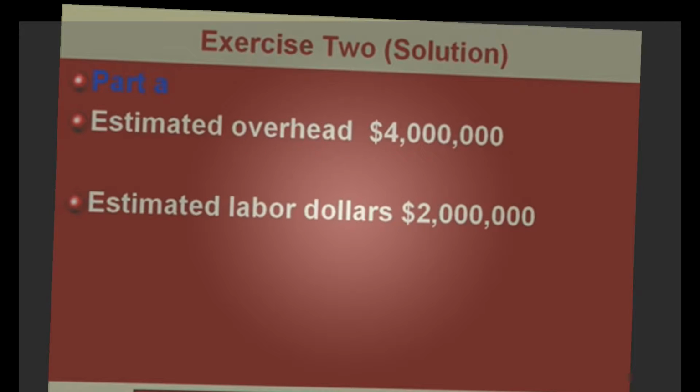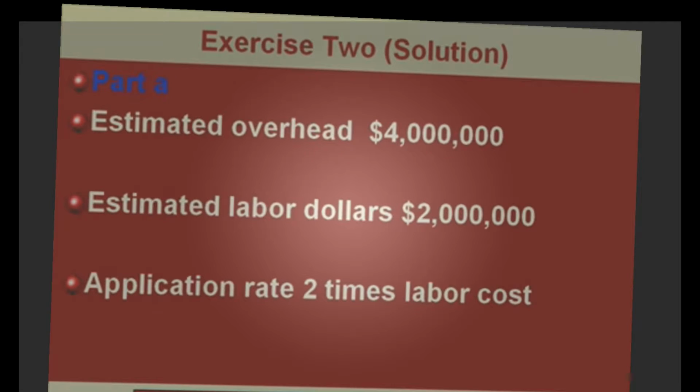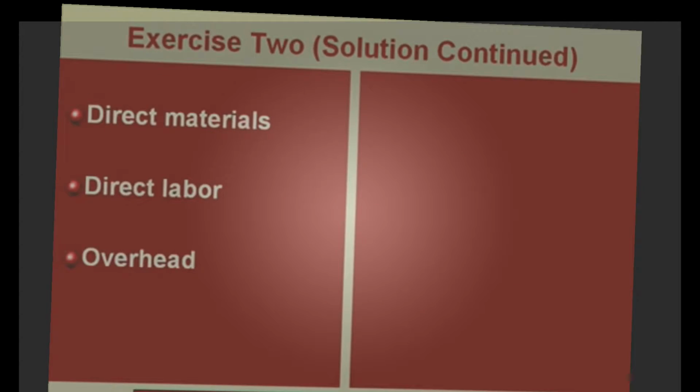So the application rate is overhead divided by labor dollars, which is 2, which means overhead is 200% of labor cost, or overhead would be around 2 times your labor cost. So the cost of the job is material, labor, overhead.